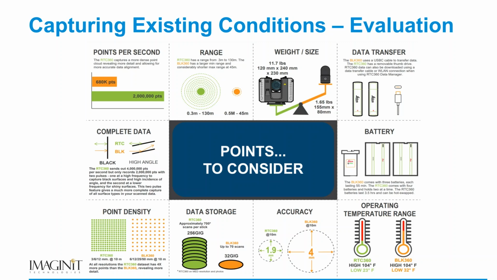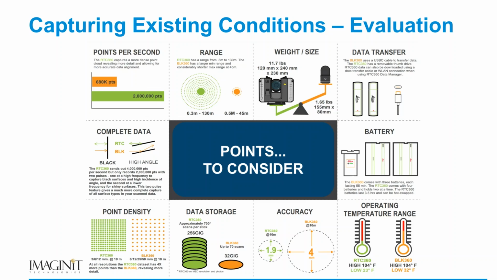Once you get to the stage of understanding you do need laser scanning and point clouds or photogrammetry models, and essentially the reality capture of the digital twin aspect of your digital model, your digital factory, these are some of the granular details that you want to understand. Such as points per second.